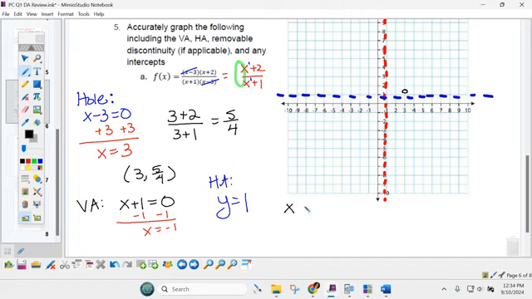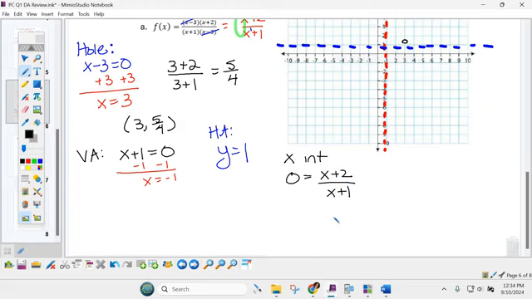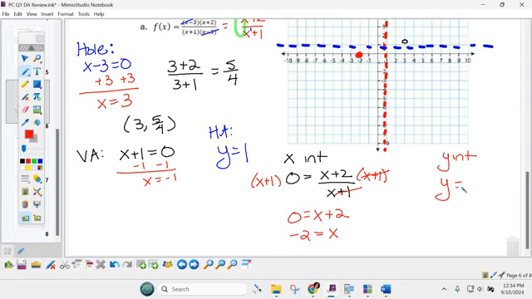Use your compressed function. So the x-intercept is when the output is 0. Multiply both sides by x plus 1. Get negative 2. Y-intercept is when the inputs are 0. That gives me 2.